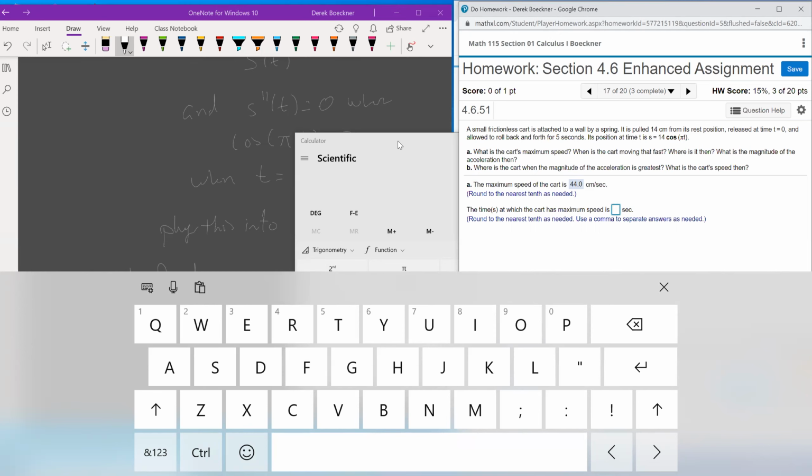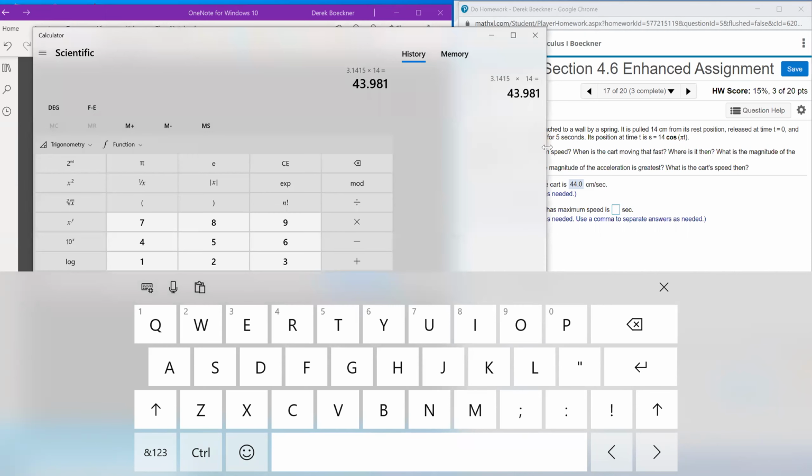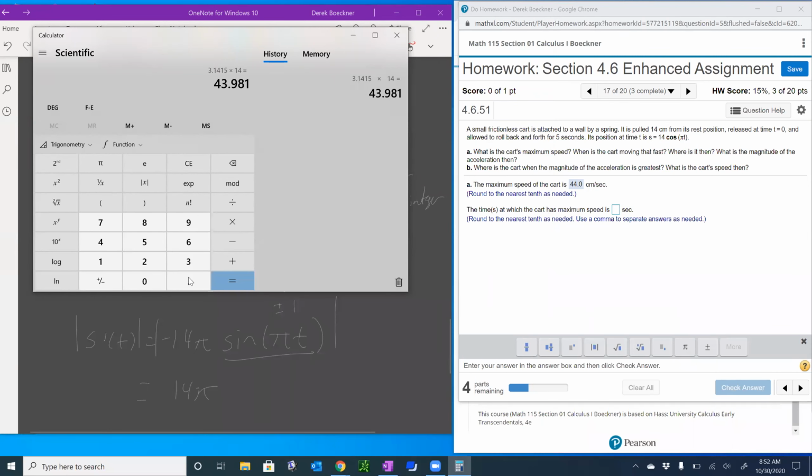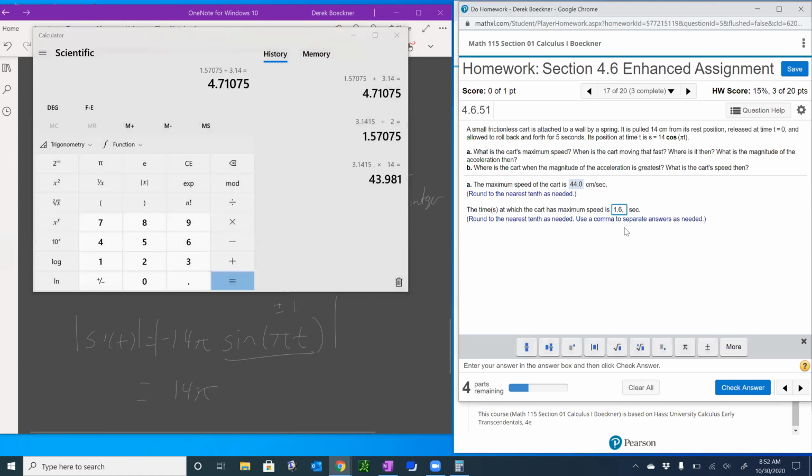So we want to go up to 5 seconds. Okay. So 3.14. So we'll do those two.